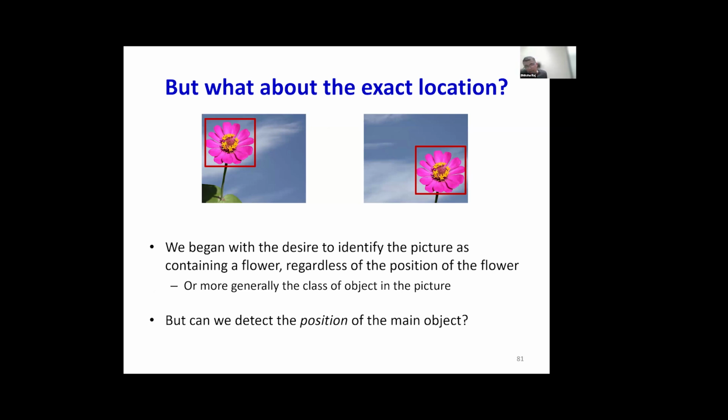Now, if you were using a non-distributed scan, so a CNN where you didn't distribute the parameters over the various layers, then if you discover that the picture has a flower, how would you determine the location of the flower? Anyone? If you had a non-distributed scan, how would you do it?